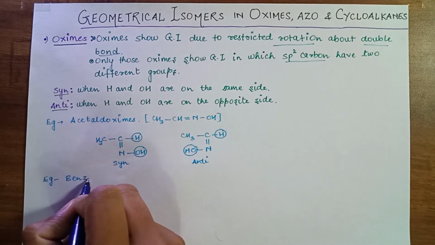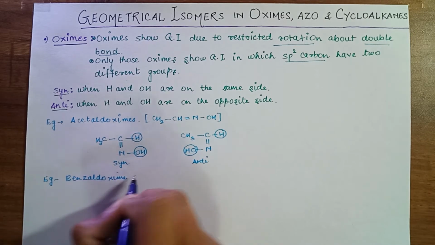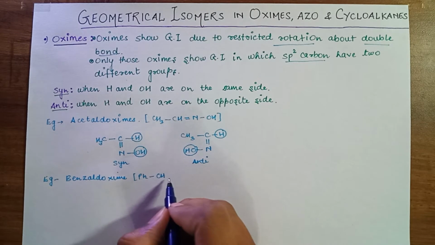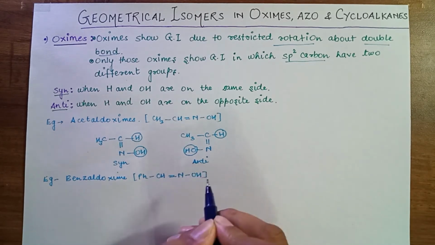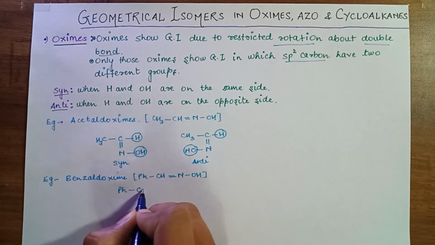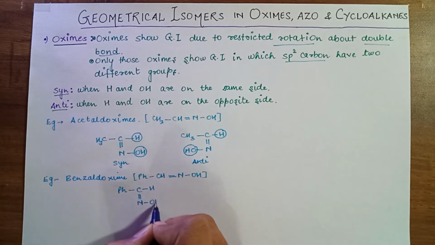The next example is benzaldoxime, which is Ph CH double bond NOH.